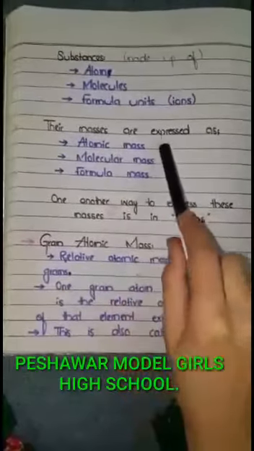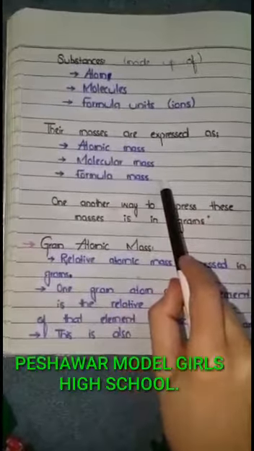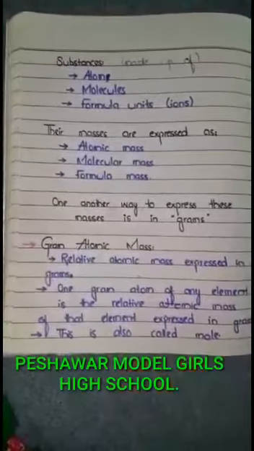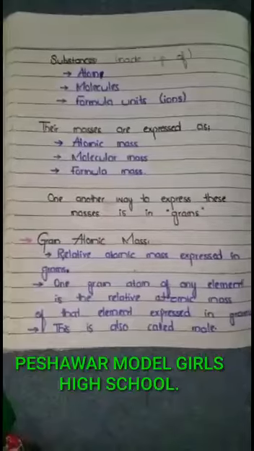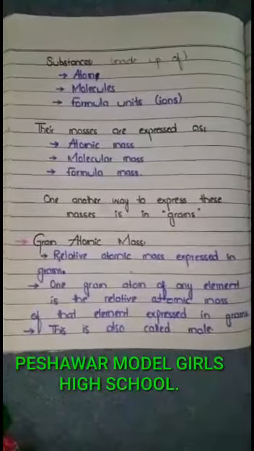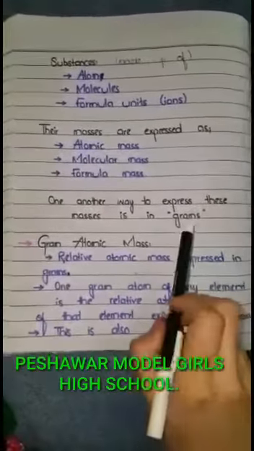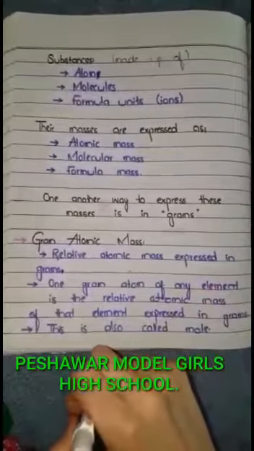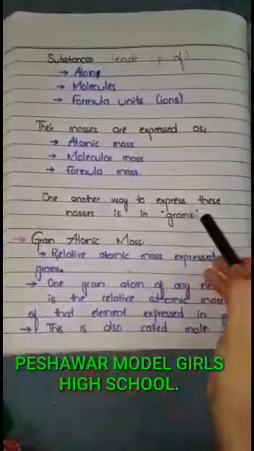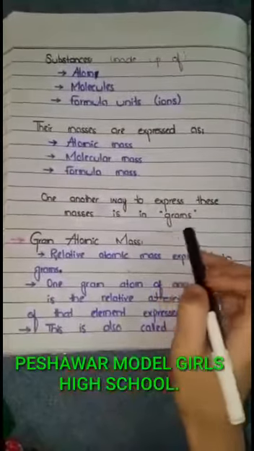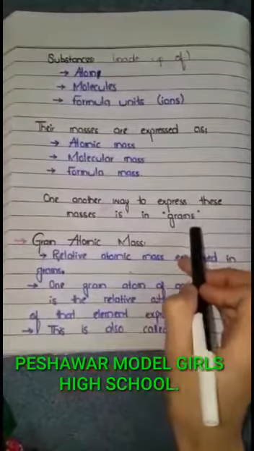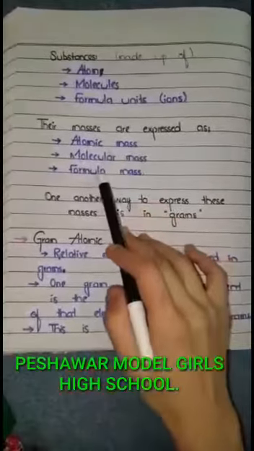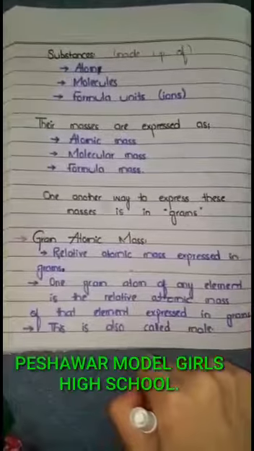Okay, now this is a way to express the masses of different atoms, molecules, or compounds. And there are a number of ways in which their masses can be expressed. One other way is to express them in grams, as we already discussed this within mole. While talking about mole, we said that their mass is expressed in grams. So this is one other way to express the masses of atoms, molecules, or of ionic compounds.